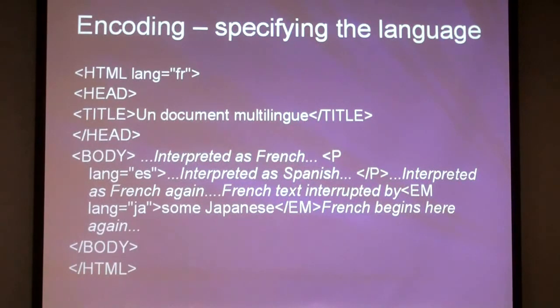Missing space. When it's converted to HTML in the document, there is a missing space. It says "some Japanese" all together, with no spaces between "some" and "Japanese". Yes, because I didn't put a space here.